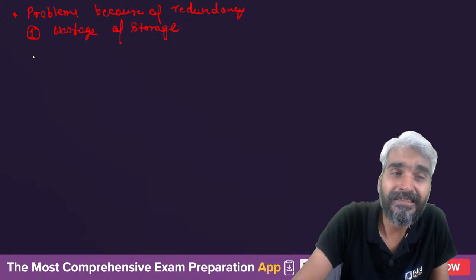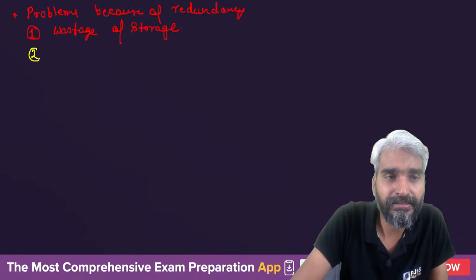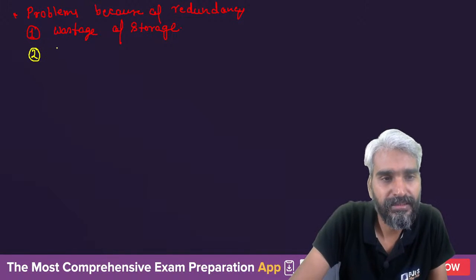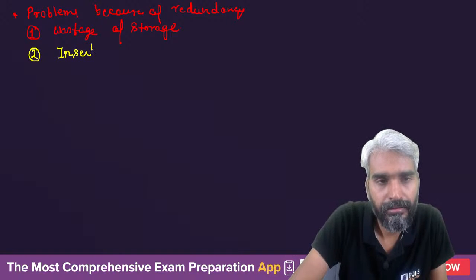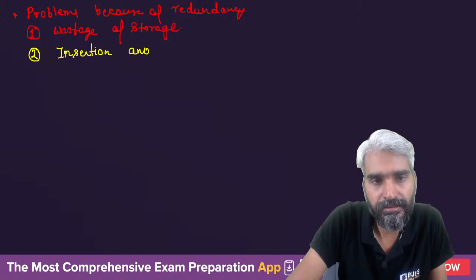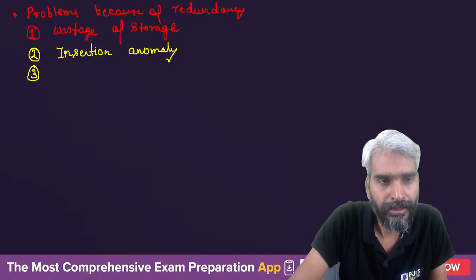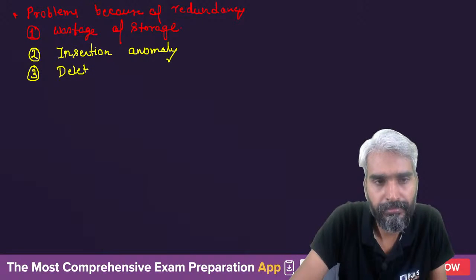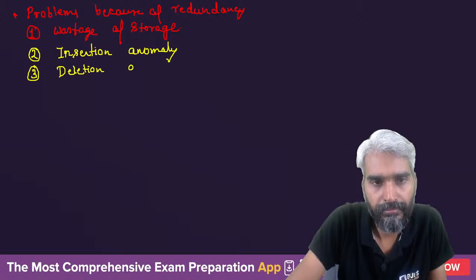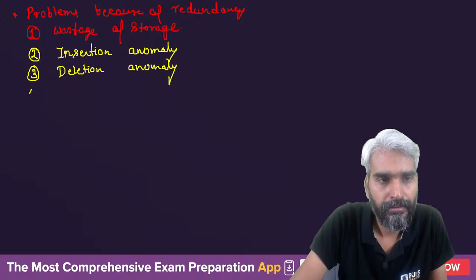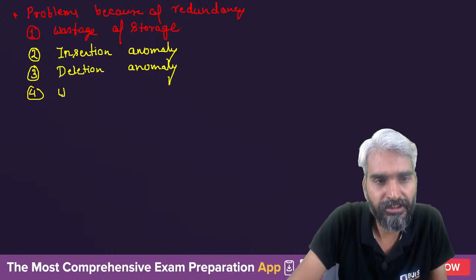So there are some anomalies, which are known as insertion anomaly. I'll explain these things. Deletion anomaly. And fourth is updation anomaly.